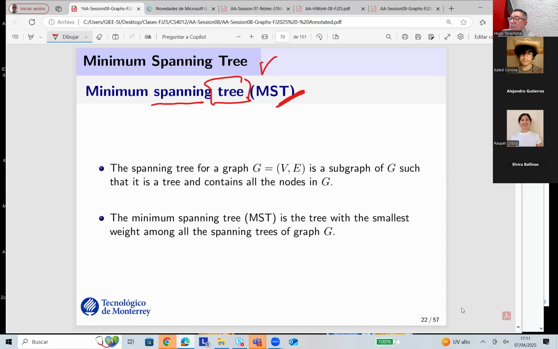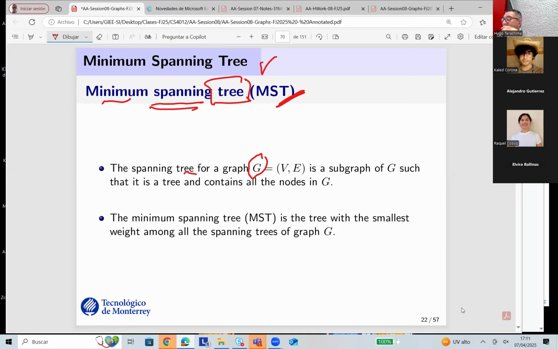Okay. And spanning means it spans all the nodes in the graph G. And the minimum is because we have a weighted graph and we are looking for a tree that has the minimum weight.